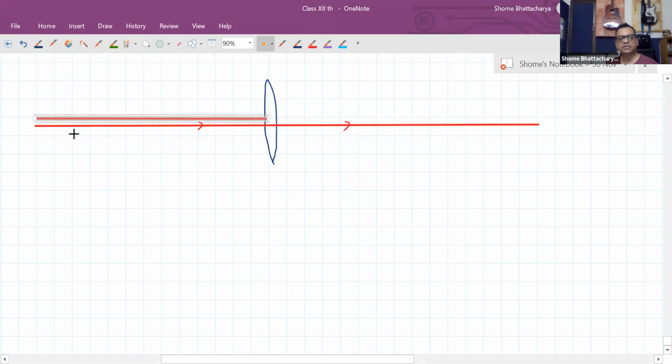So this is like the light coming from the source S1 which was lying on the principal axis. So its image will be formed where? Its image will be formed on the principal axis only, but at the focal plane. Okay. So this is like the approximate ray diagram.